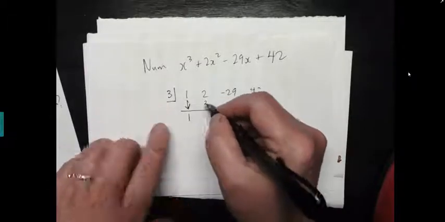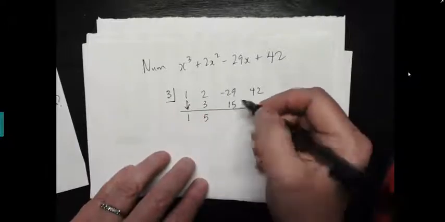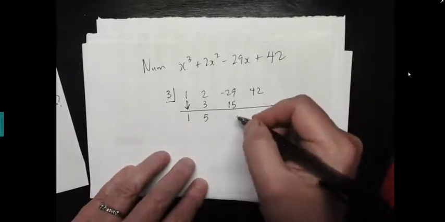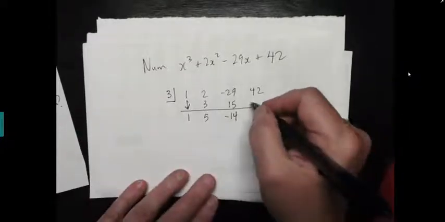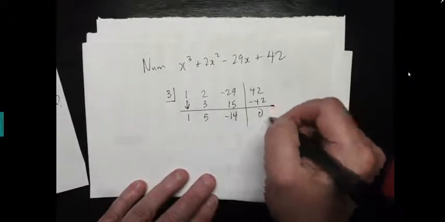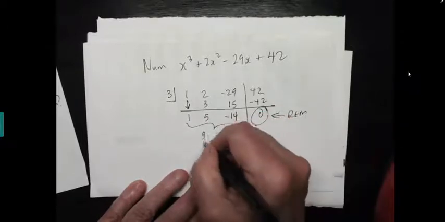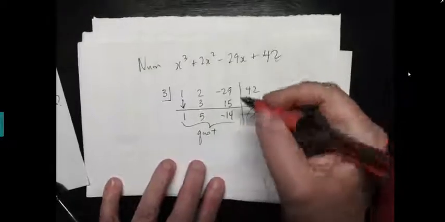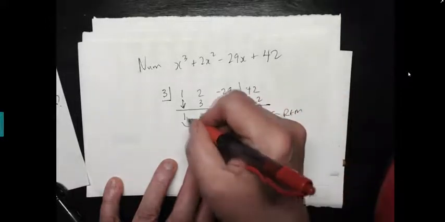So 1 times 3 is 3, and if I add, I get that. 5 times 3 is 15, and if I add negative 29 and 15, I'll get negative 14, and negative 14 times 3 is negative 42. So this is what I expected. That's my remainder. And those give me the coefficients of the quotient. If I start here, that's my constant term, that's my x coefficient, and that's my x squared coefficient.